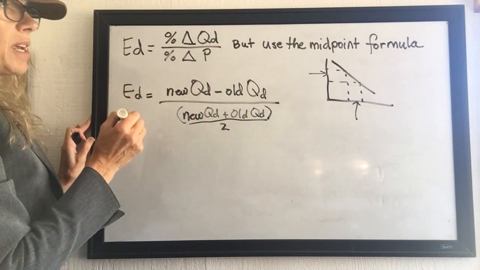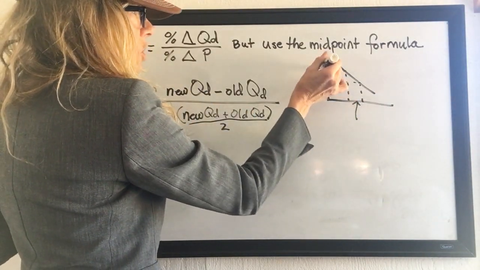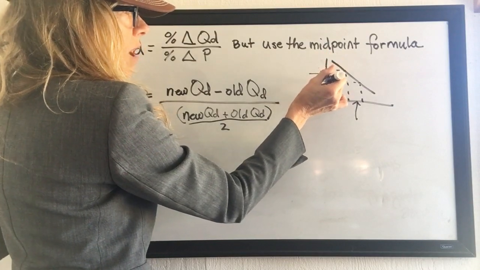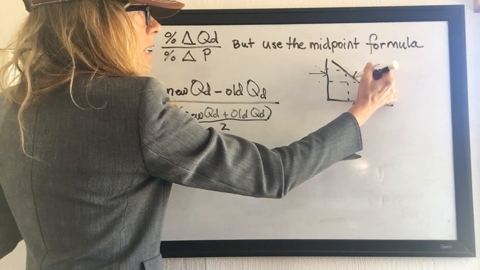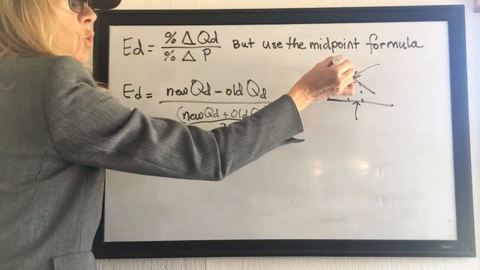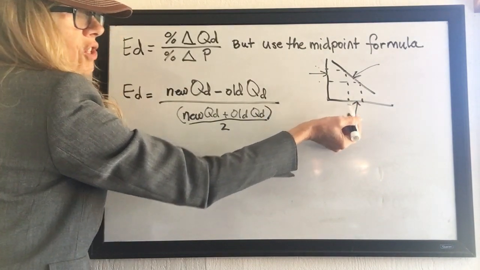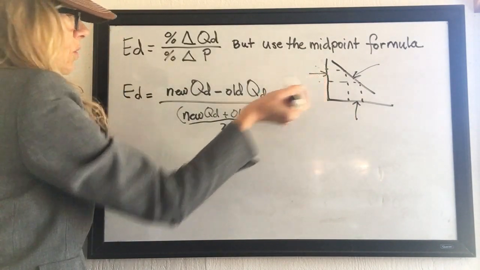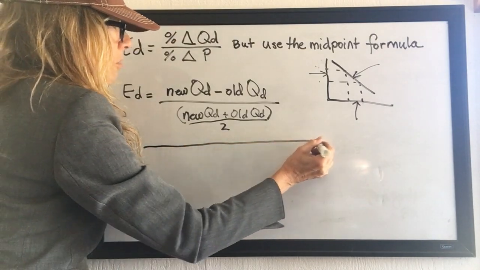That's on the denominator here. So instead of saying price is going from a high price to a low price or a low price to a high price, we're going to be calculating the midpoint between two prices on the demand curve, and that's going to give us the average of these two quantities. For our denominator down here we use the midpoint of the prices.